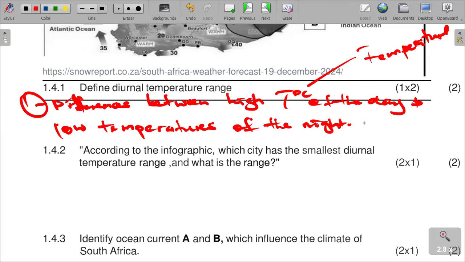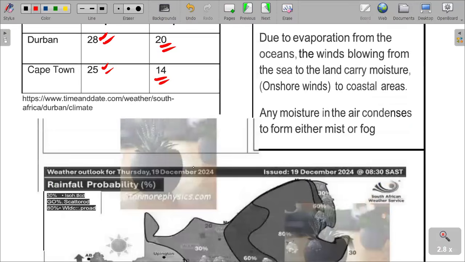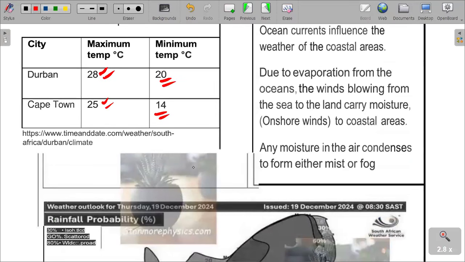According to the infographic, which city has the smallest general temperature range and what is the range? Here, you have the high temperatures of the day and the low temperatures of the night. So you are only going to work it out: subtract the low from the high.